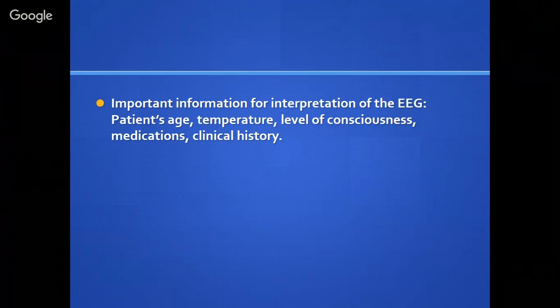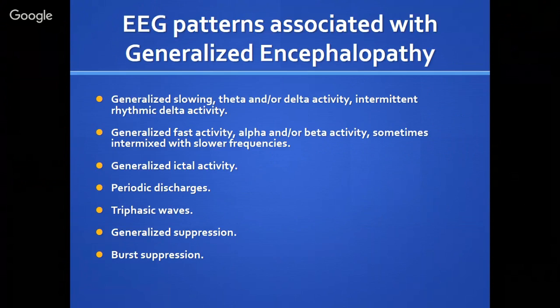Level of consciousness: is the patient alert, talking? And medications, obviously, especially CNS active medications. Clinical history, yes, it's relevant, but I usually don't pay attention until afterwards, and maybe I read it. Depends. So, patterns associated with generalized encephalopathy.